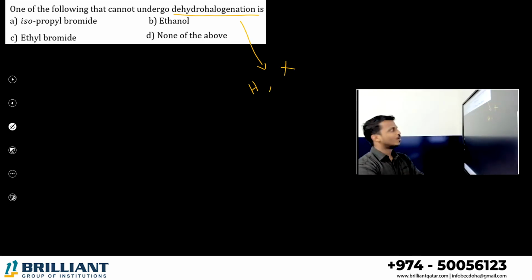Option A is given as isopropyl bromide. It is a haloalkane. Ethanol is an alcohol, right? Does alcohol contain halogen? No. So how can we perform dehydrohalogenation? The ethanol compound doesn't contain halogen, so how can you eliminate halogen? Right. Option B is the one. Options A and C contain halogen, so they can undergo beta elimination.